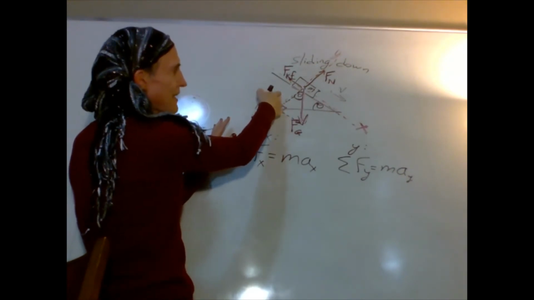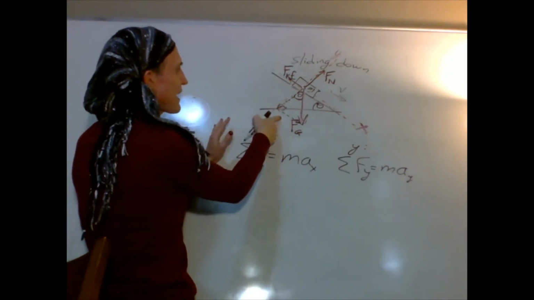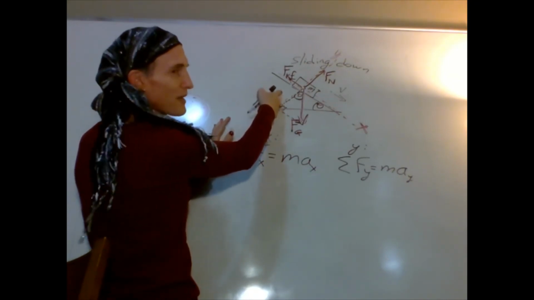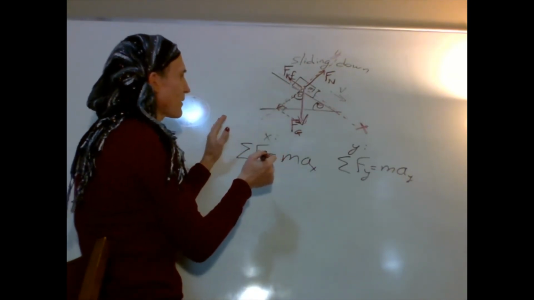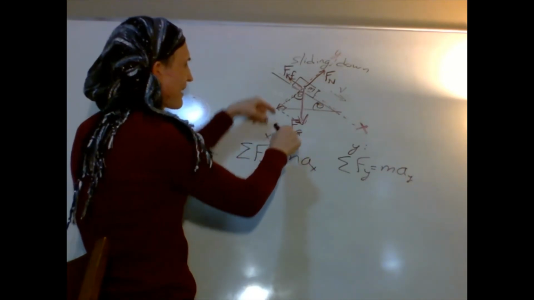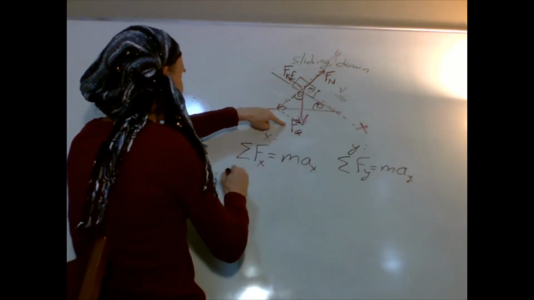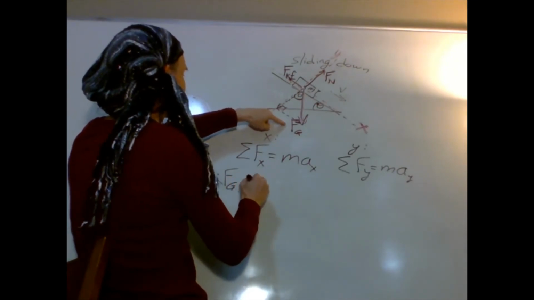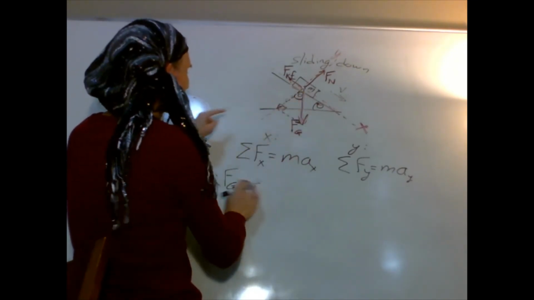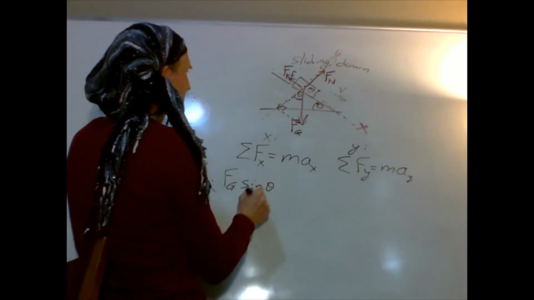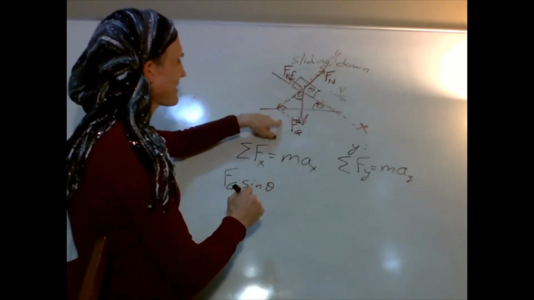The adjacent side is the cosine. So this side is F_G sine theta, this side is F_G cosine theta. So along the x direction, I have this component, which is F_G sine of the angle, opposite side, sine.